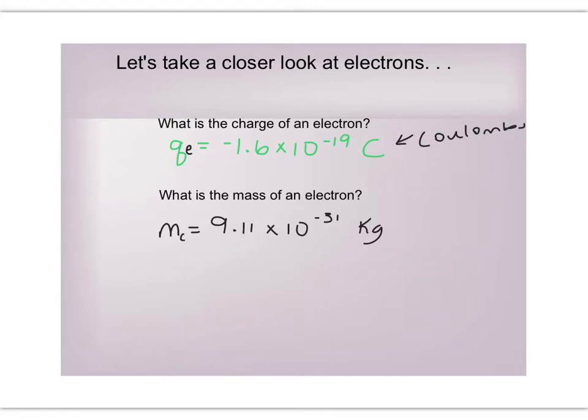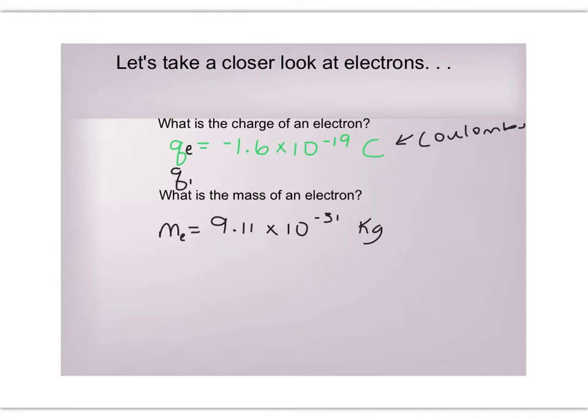Now, while we're talking about masses and charges, let's talk about a proton really quick too. We know that, in past classes, we've talked about the electron having a charge of -1. We're just counting, basically, how many electrons there are. But when you talk about actual charge, it has a unit of coulombs, and it's not a count of electrons.